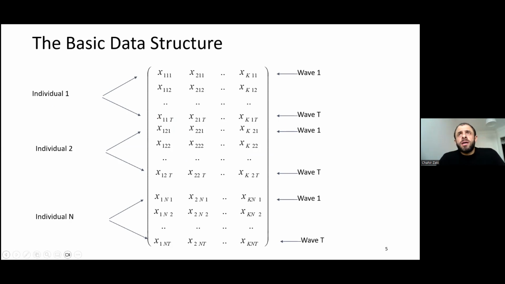Why? Because in several countries in the MENA region, in some data sets that are collected by different statistical institutes or by the World Bank, the World Bank Enterprise Survey, in several cases, we have firm level data or household data where we collect, let's say, in round one, 1,000 individuals.